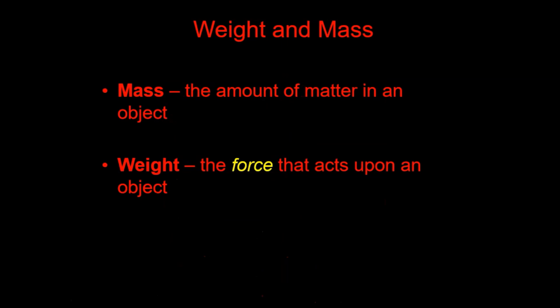So let's just talk about weight and mass for a moment and throw in this reminder. Mass is a measure of the amount of matter you have in an object, and this is measured for our purposes in this class in kilograms. You could of course measure it in pounds or other units, but here we'll always use kilograms. Mass is the amount of matter that you have. It's not actually a weight until a force is applied to it, and that means F equals ma.